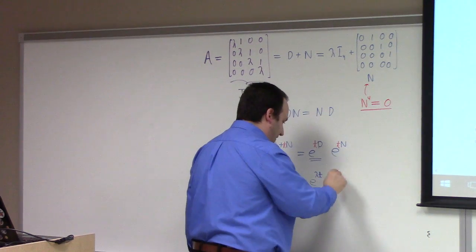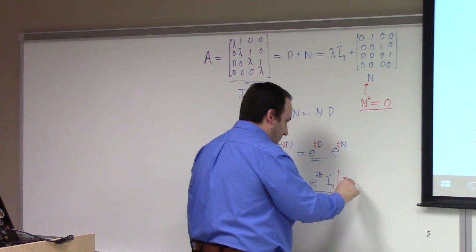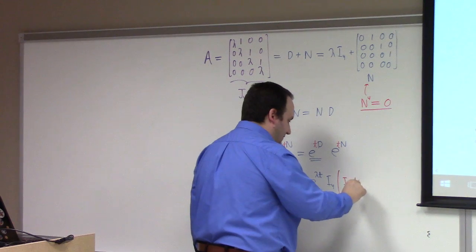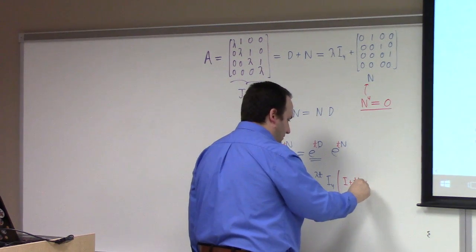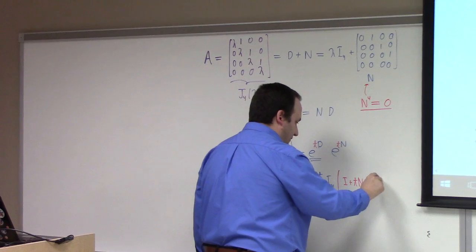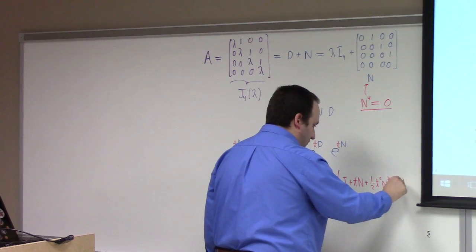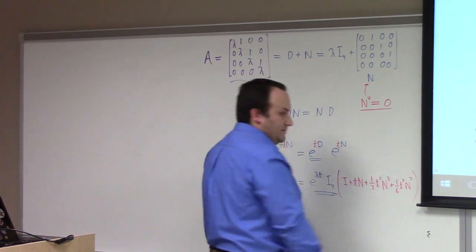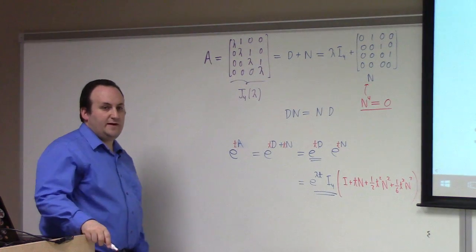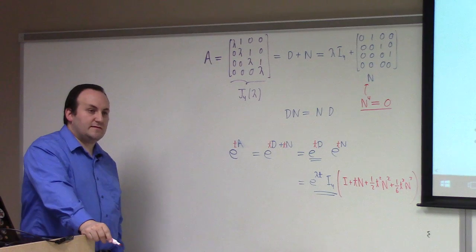That would be the identity plus t times N, plus 1/2 t squared N squared, plus 1/6 t cubed N cubed. And that's it, because all the higher terms in the matrix exponential are gone.